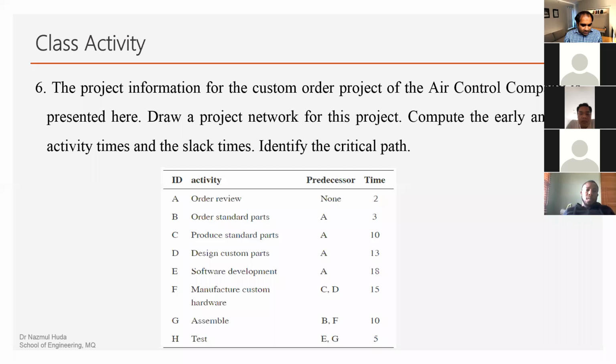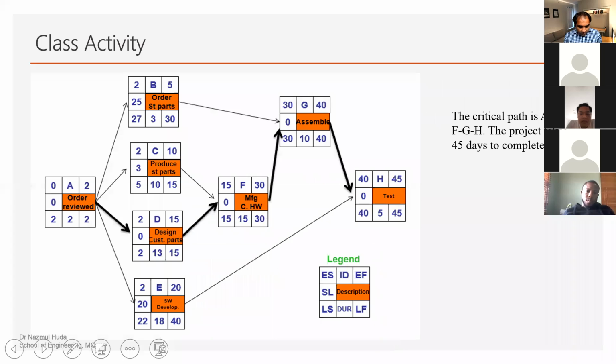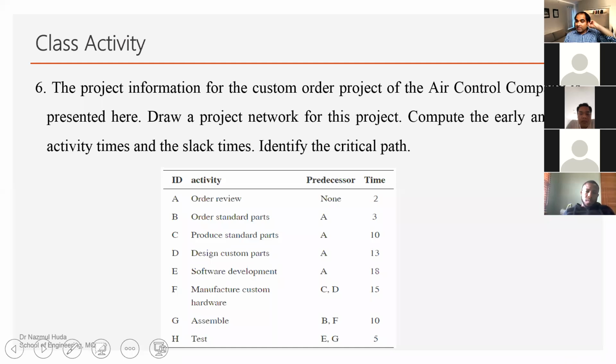Activity 6, project information, including all the durations, is given. So now your task is, if you have a question like this, with all the project information, activity ID, predecessor activity, and duration given, can you calculate the project duration? Can you identify the critical path?